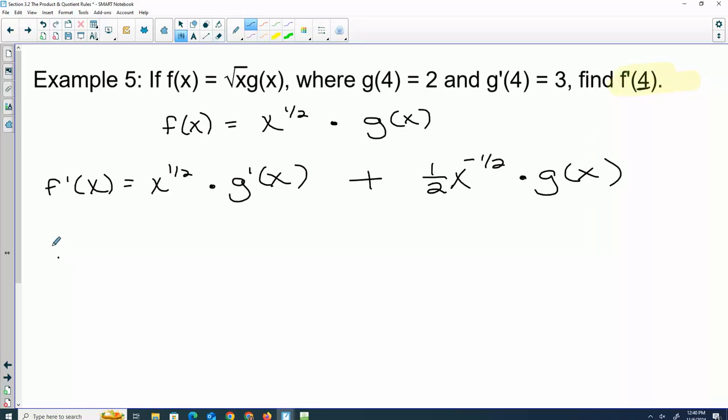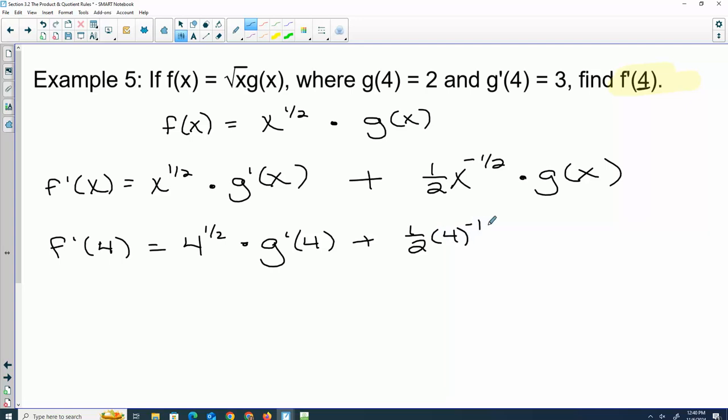So we are going to plug in a 4 for all of these x's. So I have 4 to the 1/2 times g prime of 4 plus 1/2 times 4 to the negative 1/2 times g of 4.